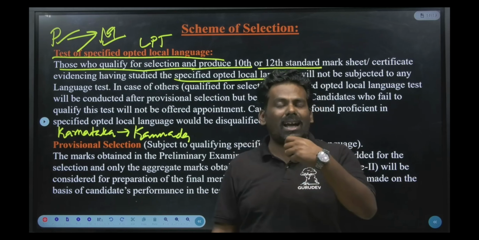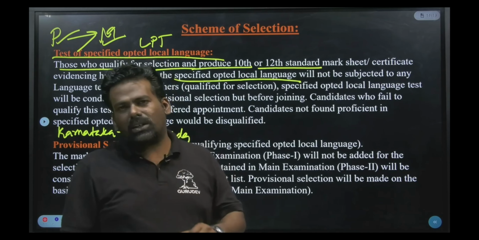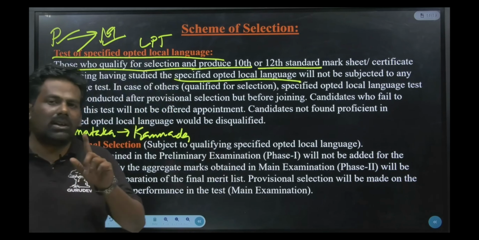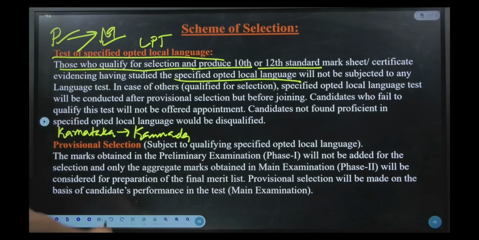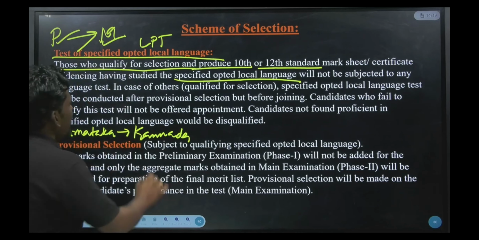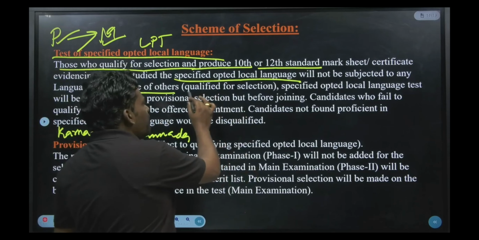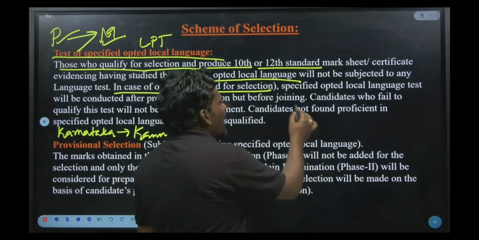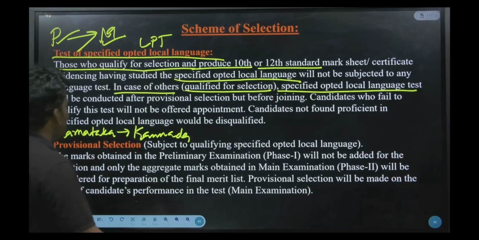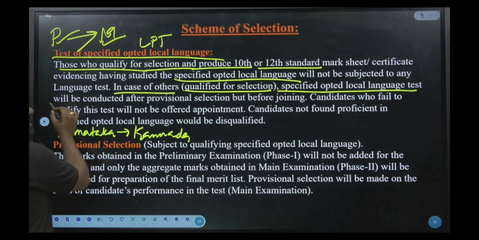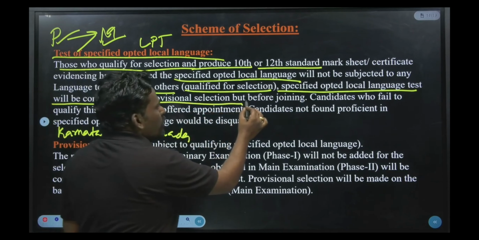If you have not studied that particular subject in your 10th or 12th standard, then you have to give the language proficiency test. That is what they have mentioned here. In case of others, those who have qualified for the selection but have not studied that particular local language in their 10th or 12th, the bank will conduct a test after provisional selection but before joining.